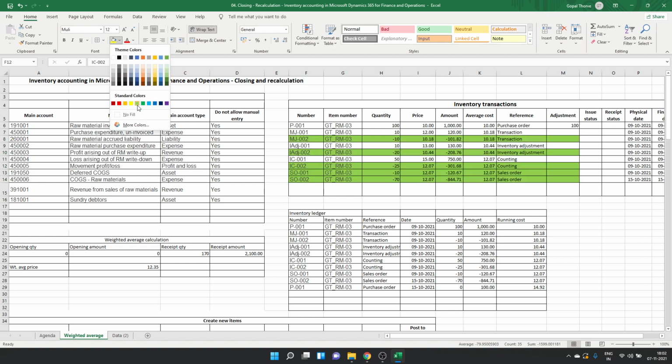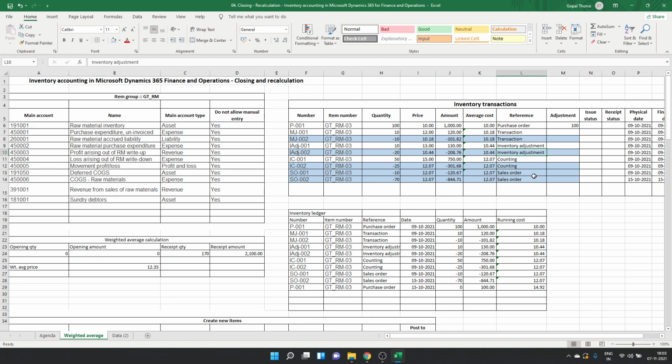So I'm marking them with a different color. If we see the very first transaction, it is posted with the cost of 10.18.